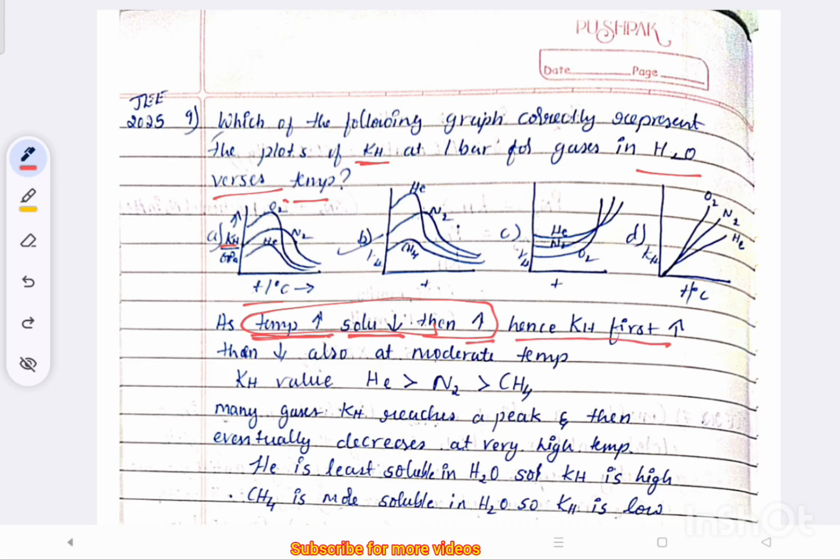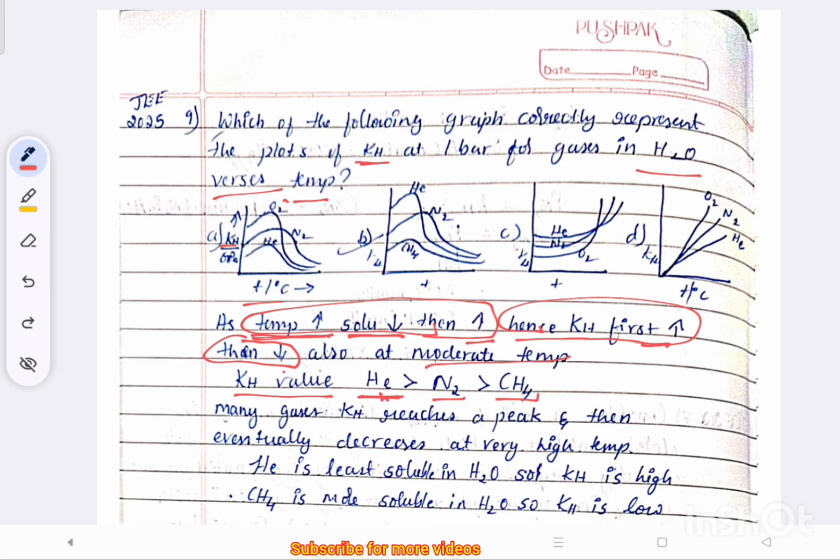So Henry's law constant also: first it will increase, then it will decrease at moderate temperature. So we know the KH value of He is more than N2, then CH4. More KH value means less solubility.